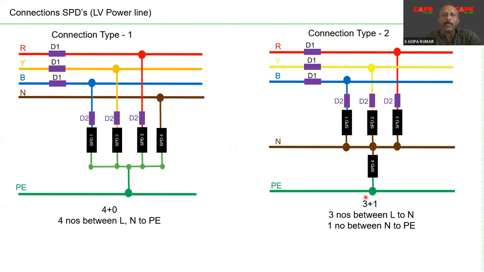This is often called a 3+1 connection. Both these connections can be used depending upon your network, whether it is a TN-S, TN-C-S, TT or IT network, and depending upon the voltage stress and the temporary overvoltages expected in the network, you are supposed to select one of the connections.